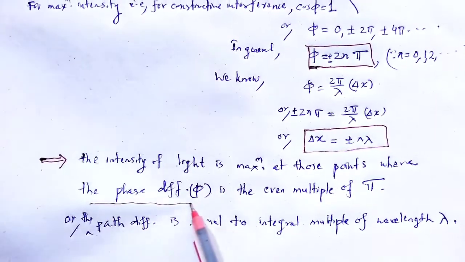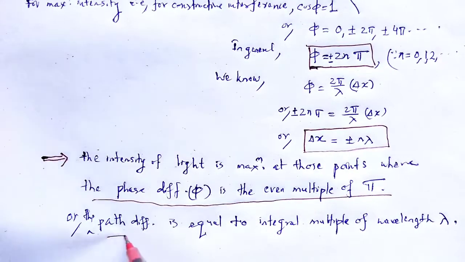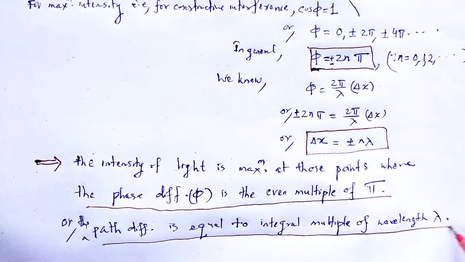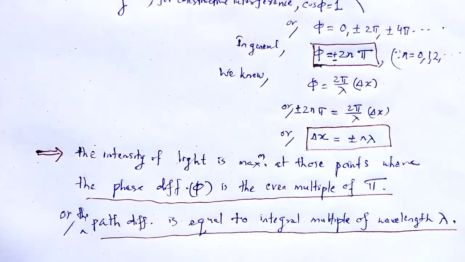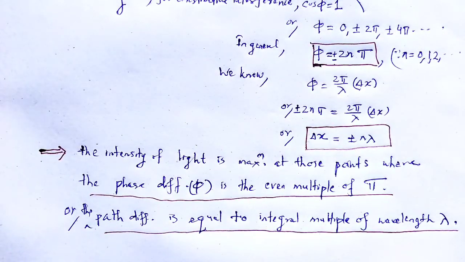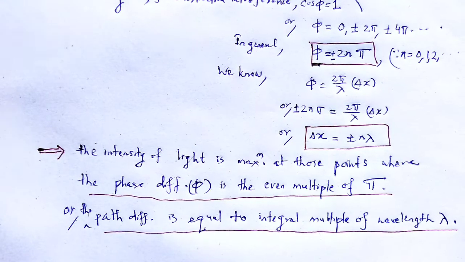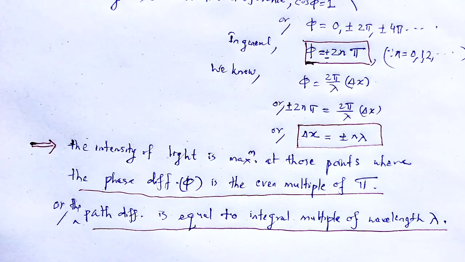Where the phase difference is an even multiple of π or the path difference is an integral multiple of λ, we get maxima or constructive interference, or a bright fringe. Now the condition for destructive interference, or for minima or dark fringe.